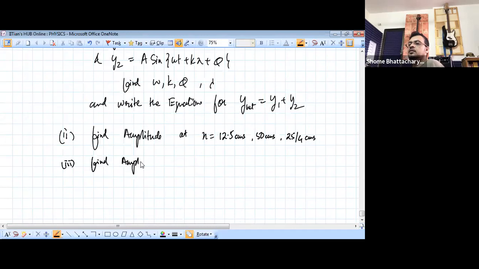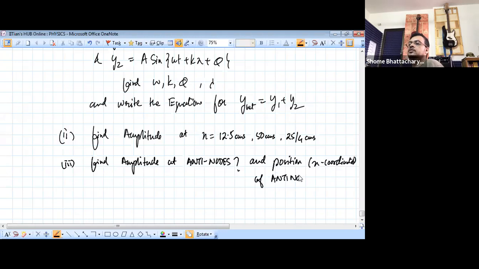Find the amplitude at antinodes and the positions, that is the x coordinates, of antinodes. Okay, so just try this out.